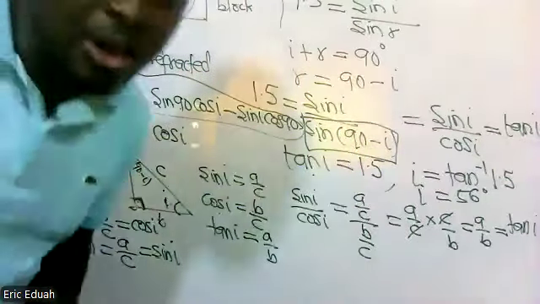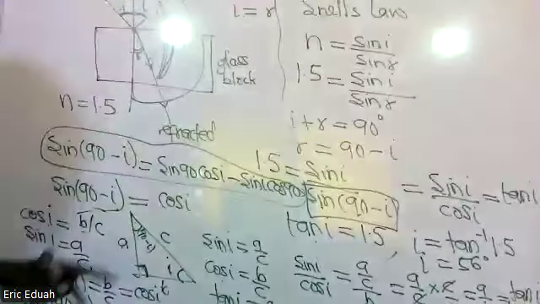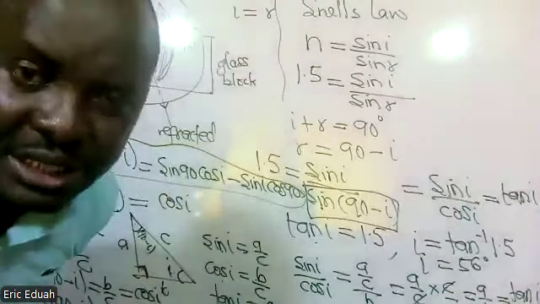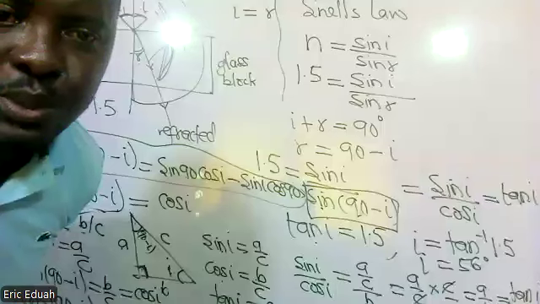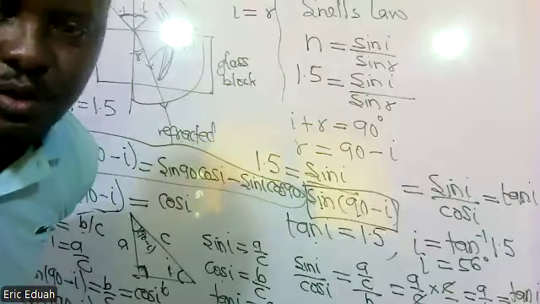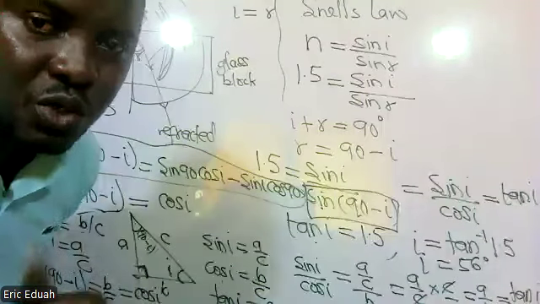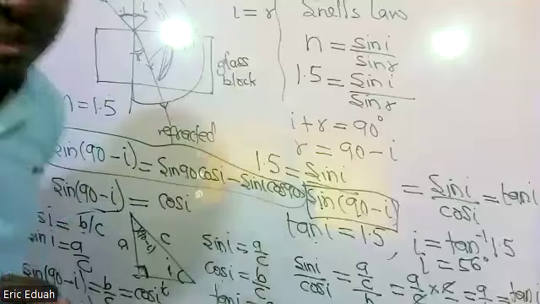So class, if the angle of incidence is 56, what will be the angle of reflection? What will be the value of the angle of reflection? Quick one. If angle of incidence is 56, what will be the angle of reflection?